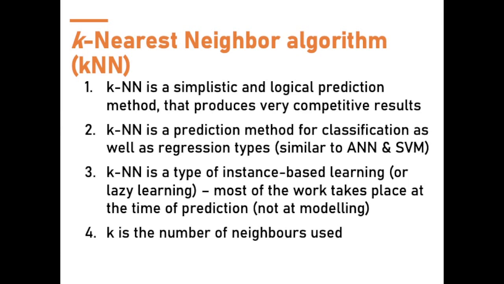KNN is a type of instance-based learning where all computations are deferred until the actual prediction. That's why it's a simple method. In this method, k represents the number of neighbors used, which will impact the prediction.